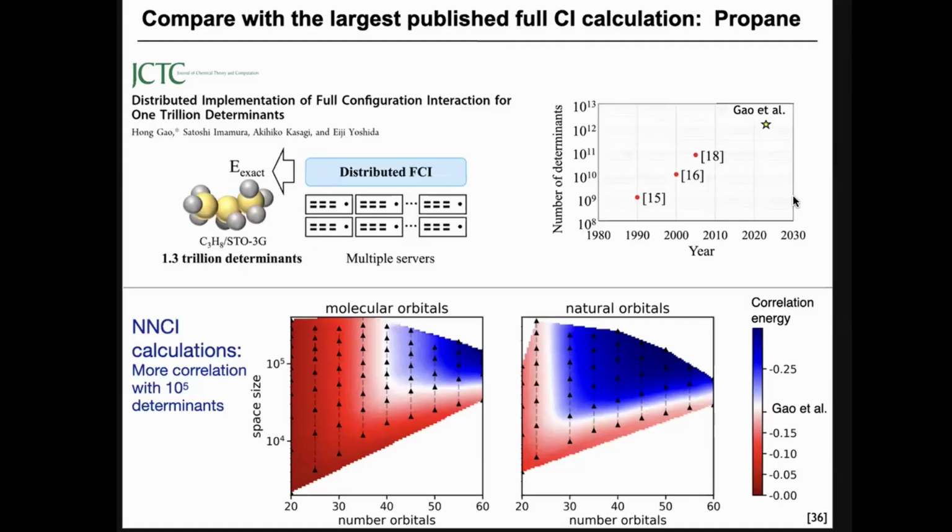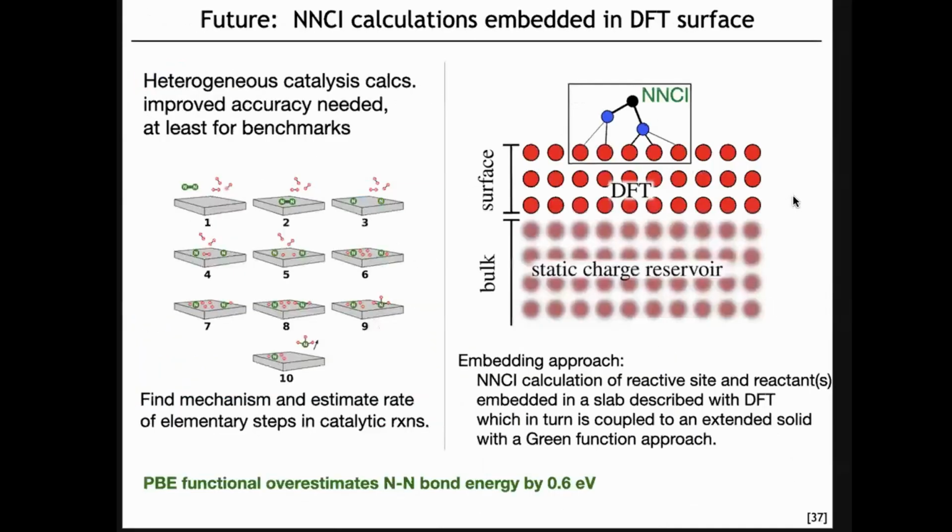Now, using natural orbitals instead of the Hartree-Fock orbitals, one can get even more correlation with the same number of Slater determinants. All right, so where are we heading with this?